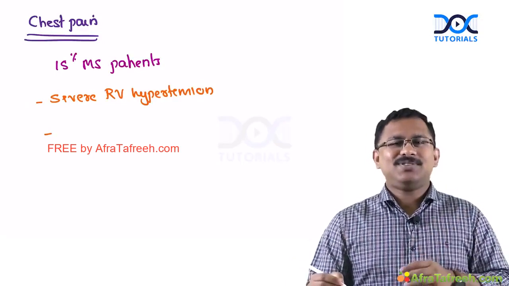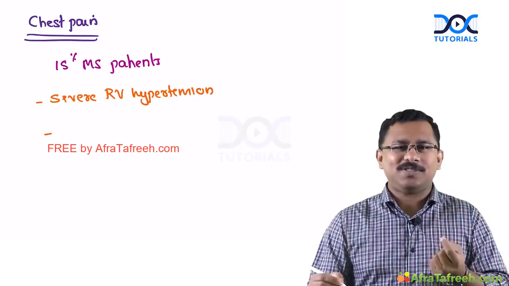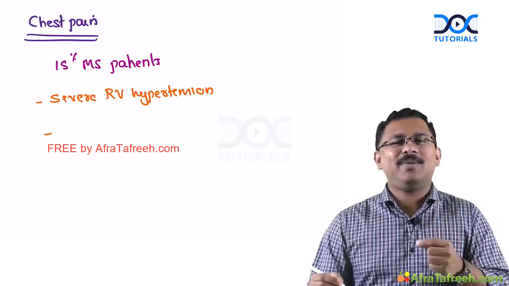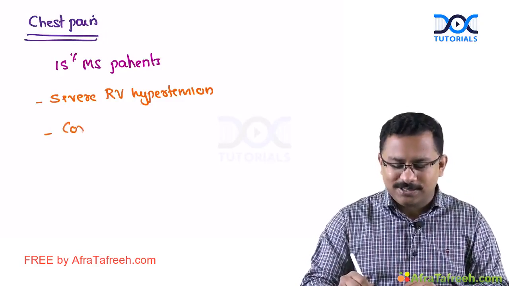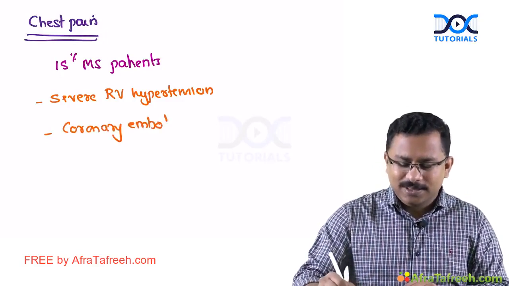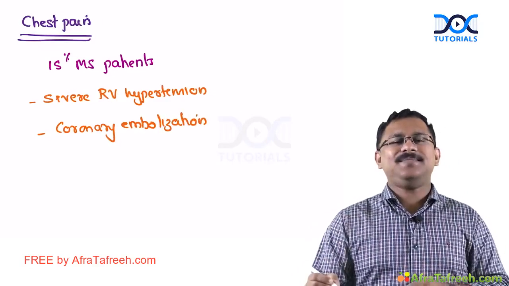And sometimes you can have a coronary embolization. I told you there is a thrombus formation, and there is also a small potential that there can be a coronary embolization of these small clots. So that also can lead on to chest pain.